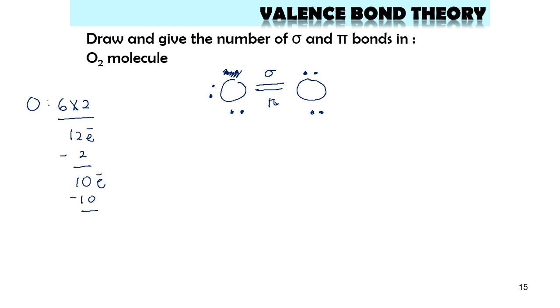Okay, so for oxygen, I'll name this oxygen A and this is oxygen B. So for oxygen A, you have the valence electron 2s 2, 2p 4. For oxygen B, you have also the same, 2s 2 and 2p 4.